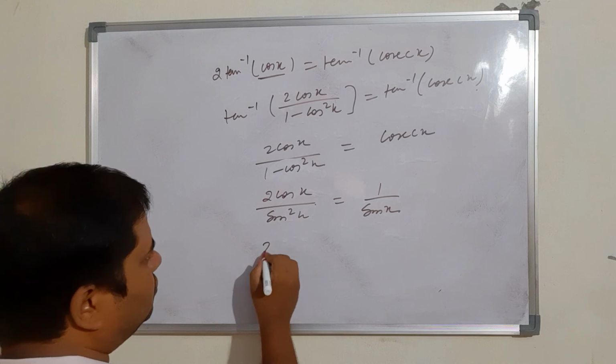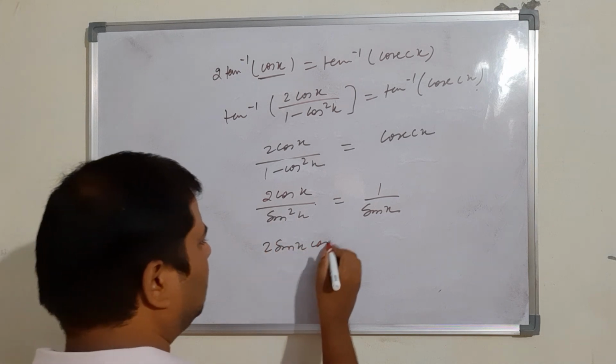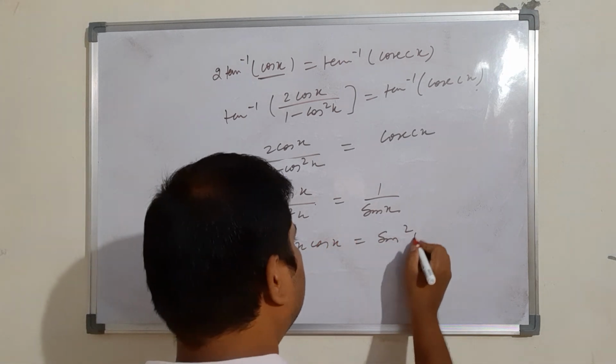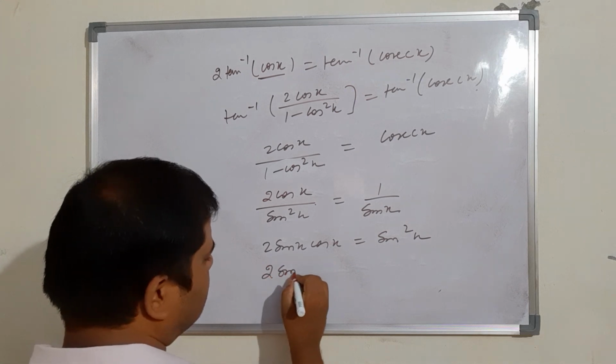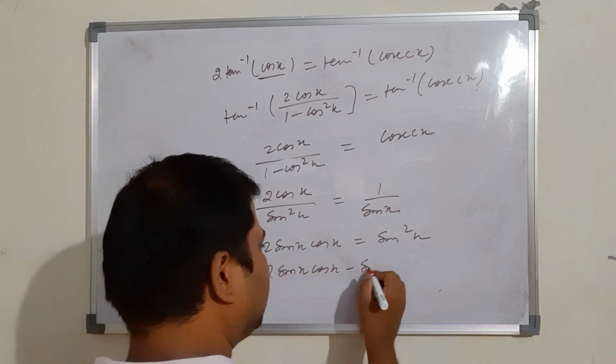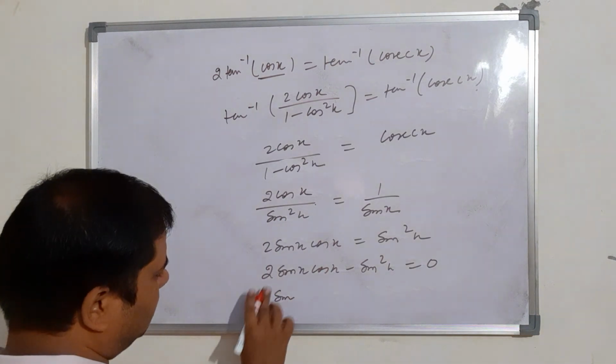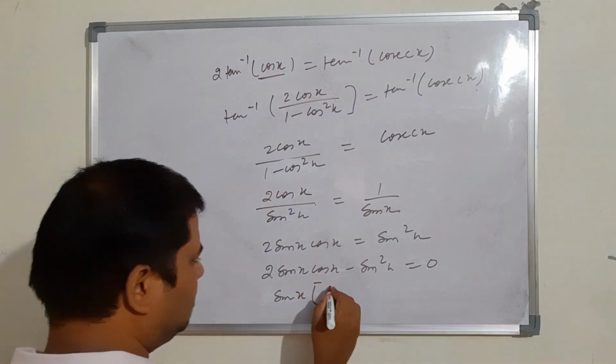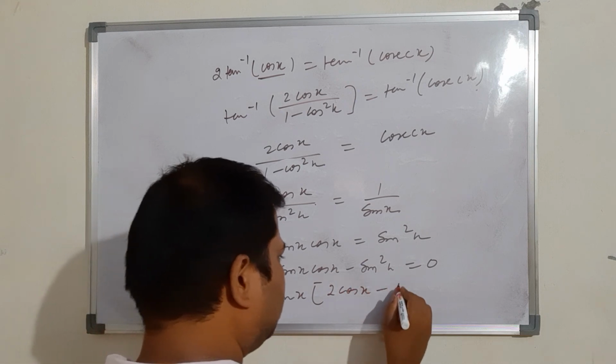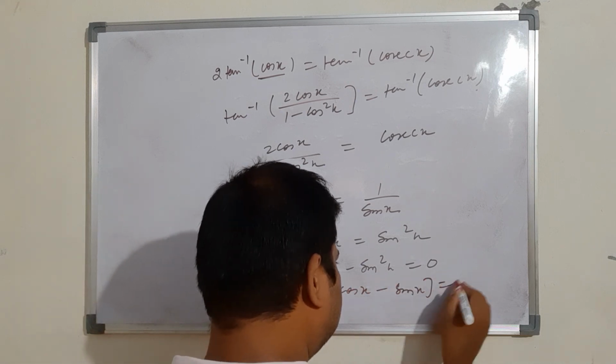So this is 2 sin x cos x is equal to sin square x. 2 sin x cos x minus sin square x is equal to 0. Sin x is taken as common. This is sin x into 2 cos x minus sin x is equal to 0.